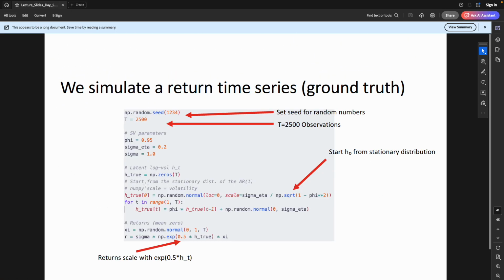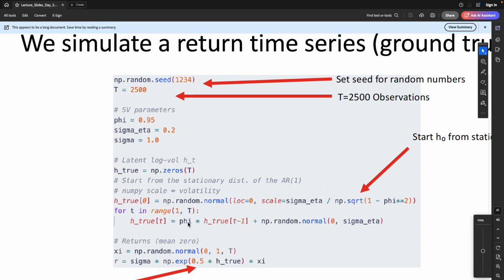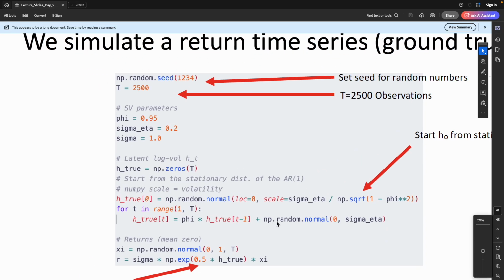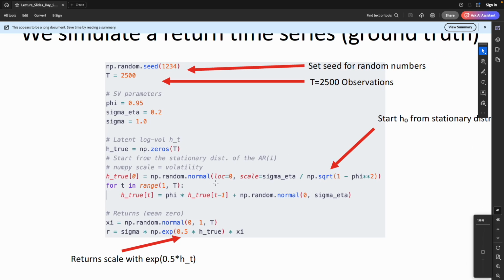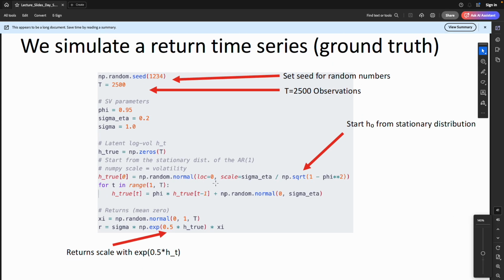So this is what is done here: H true of t equals phi plus H true t minus 1 plus a Gaussian random variable. And then the return will be R equals sigma times exponential of half times H true times the shock Xi, and Xi is a Gaussian up here. So I think it will be more fun to work on the blanks relative to working on everything.